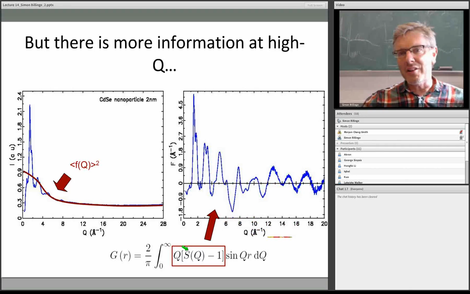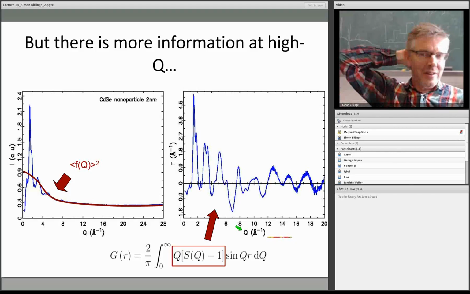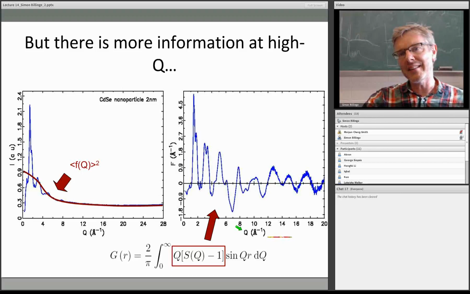Now if you look over here, this number here is 20 inverse angstroms, 24 inverse angstroms, and there's actually a very strong signal out in this high Q region. Q is the momentum transfer of the measurement, which is related to the angle. Q is 4 pi sine theta over lambda.